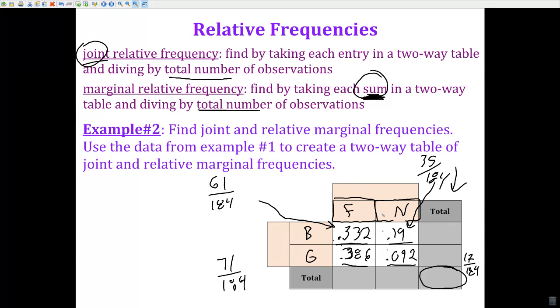Now, especially if you're going online and punching in answers, they're going to want the exact number. So what you're going to need to do on the calculator is 61 divided by 184 in parentheses plus 35 divided by 184, and then click enter. That way you have the exact amount, not these rounded forms over here.